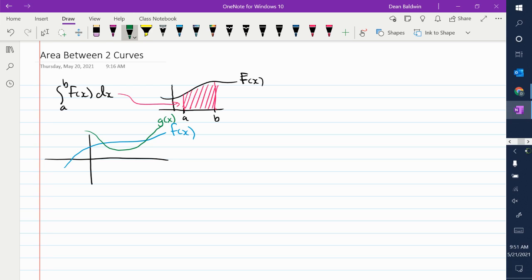So you have two curves, and I want to know this area right here. And we'll call that A, and we'll call that B. How would I do that? Just intuitively, what would you think you would do?